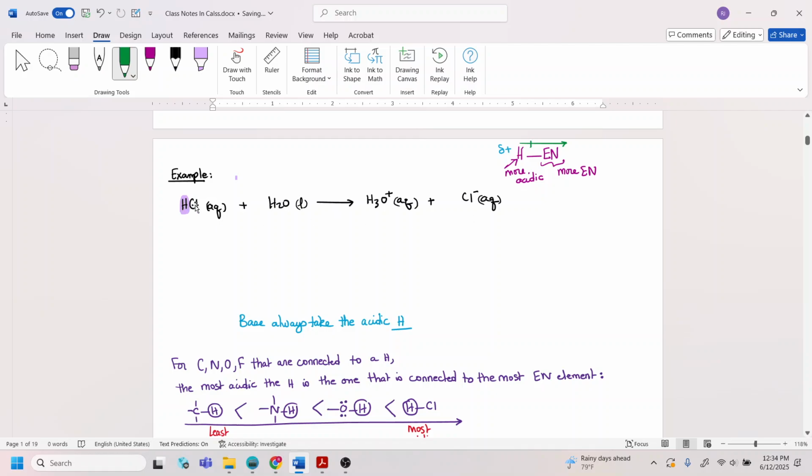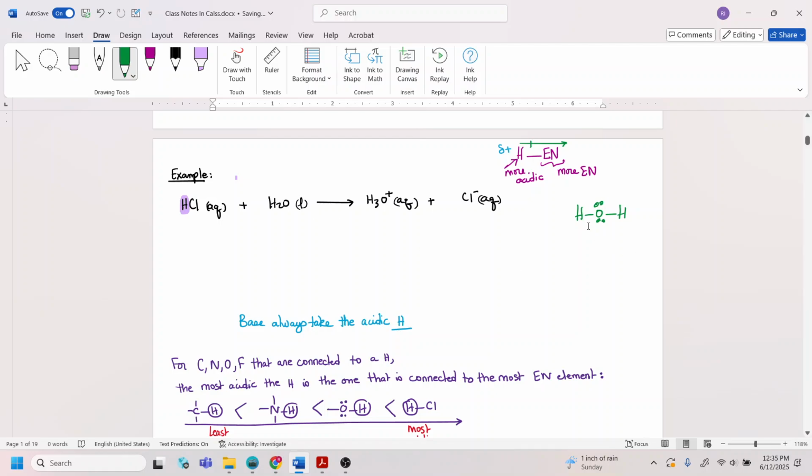So here I do have two components that start with a hydrogen. I do have a hydrogen that is connected to a chlorine and a hydrogen that is connected to the oxygen, because through the Lewis structure of the water, this is what you're going to end up having.